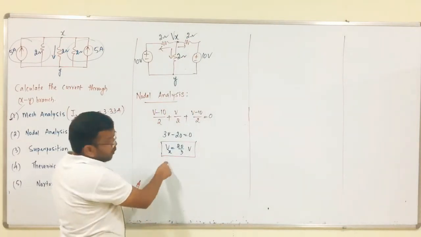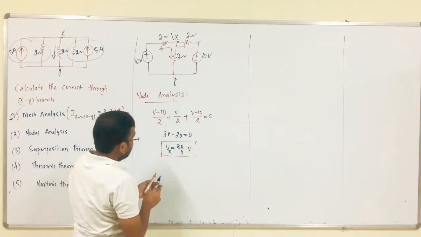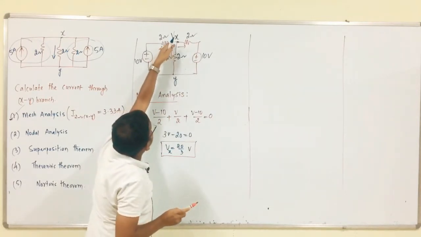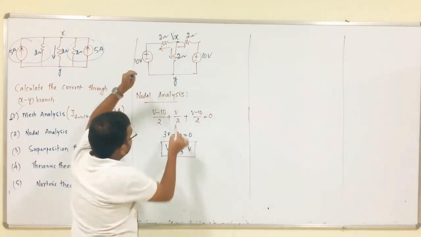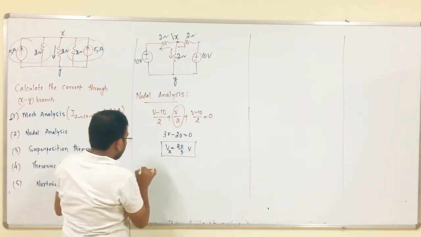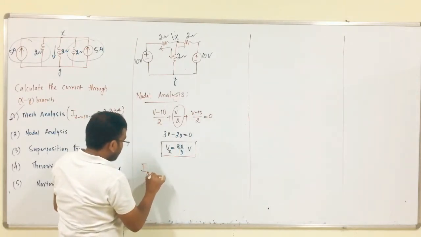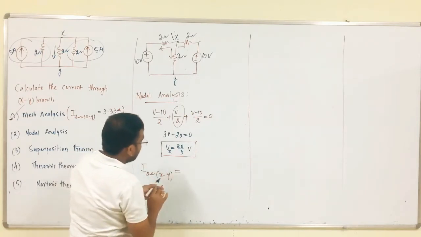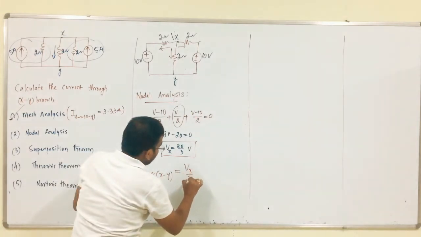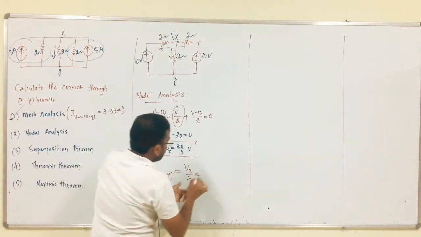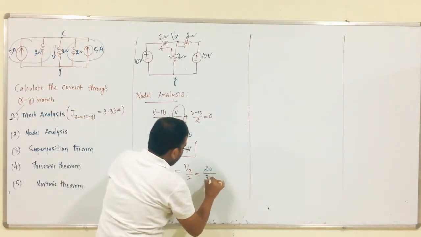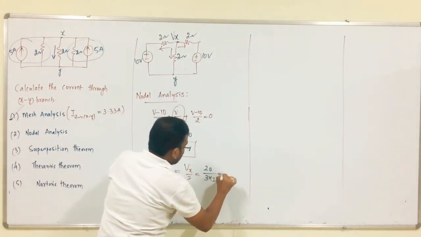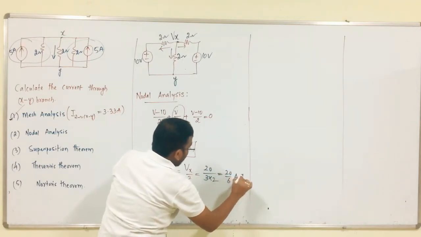Therefore, we have to calculate the current through this branch. What is the current through the branch? It is nothing but Vx minus 0 by 2, that is this current. So, the current through the 2 ohm resistance which is present between X and Y is Vx by 2, which is equal to 20 by 3 into 2, which is 20 by 6 amps.